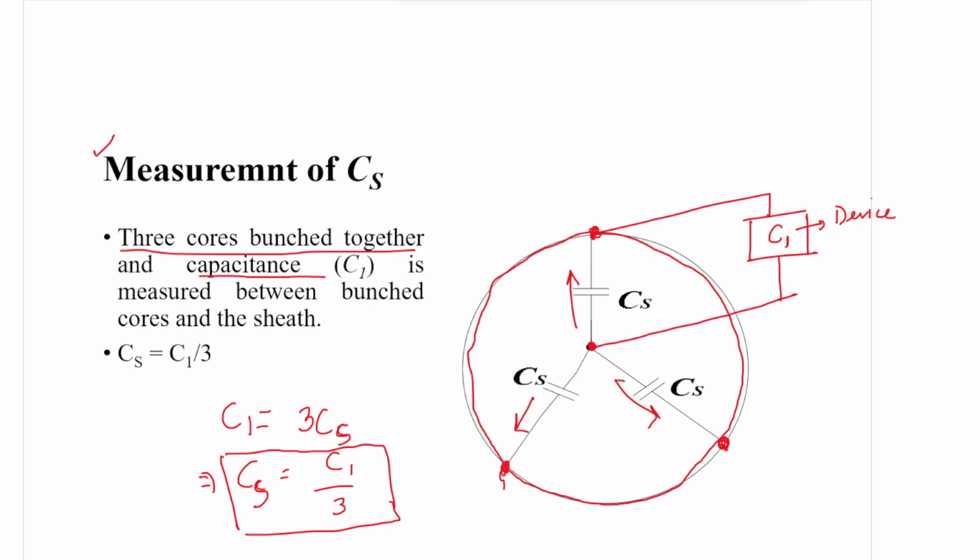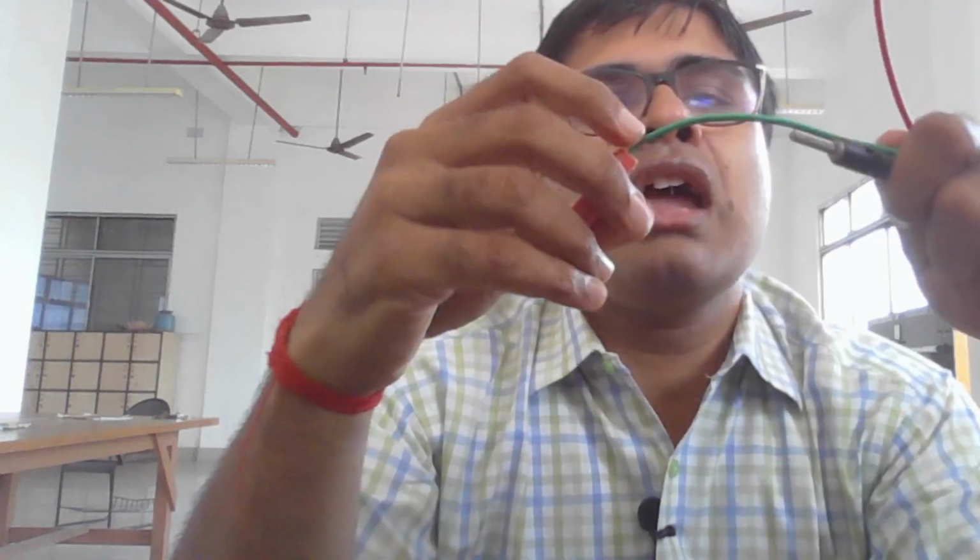Now what is the meaning of the statement, 3 cores bunched together? Again I am showing, you have these 3 cores. Now assume I have destroyed the insulating part, as is the case here.